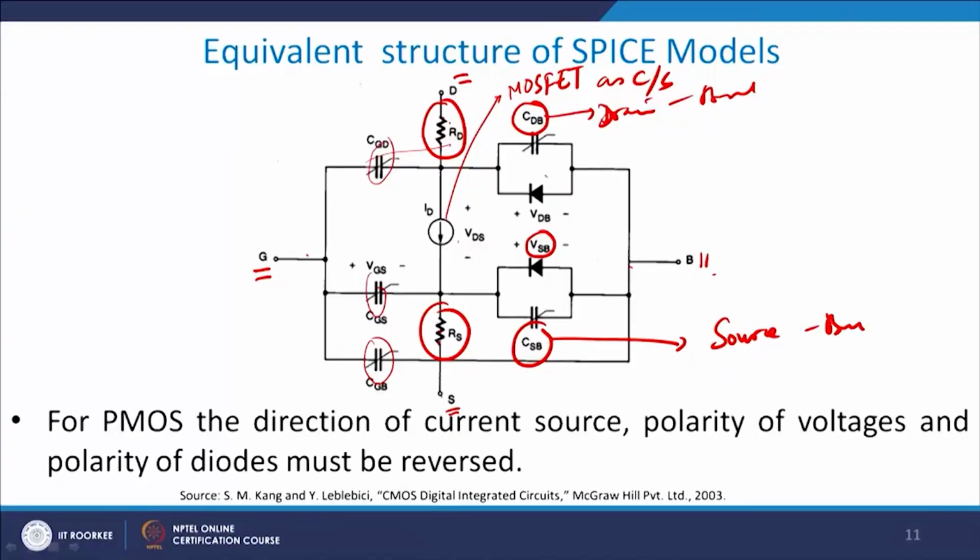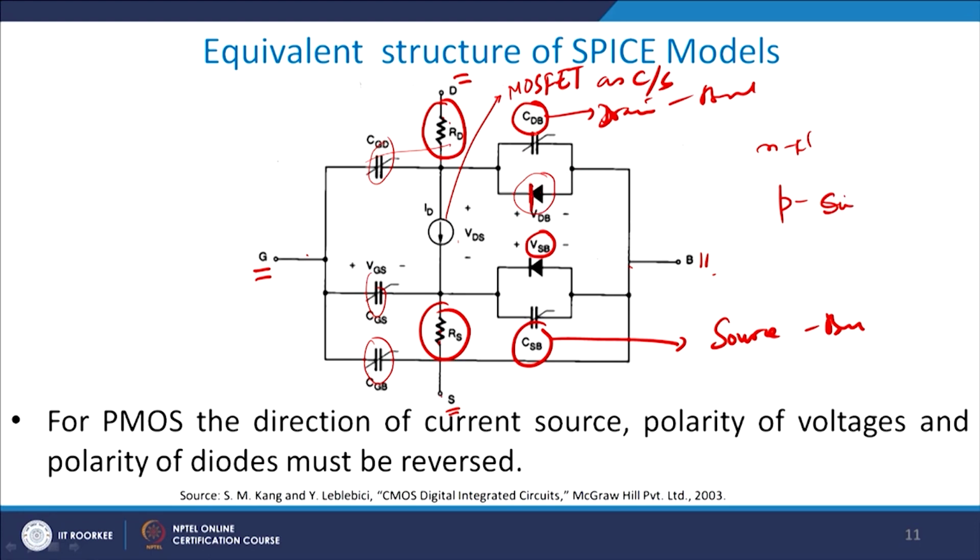Please understand that it is basically a PN junction diode. If you remember, the PN junction will have the P side towards the bulk side if it is an N channel MOSFET, because the bulk side is basically your P type substrate, and therefore you will have the P side coming to the bulk side and you have this towards the N side.